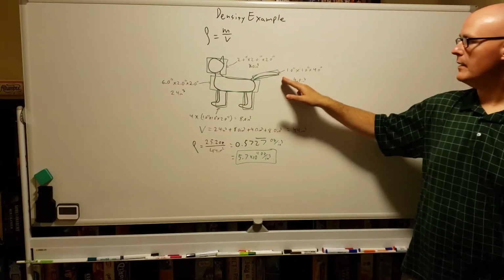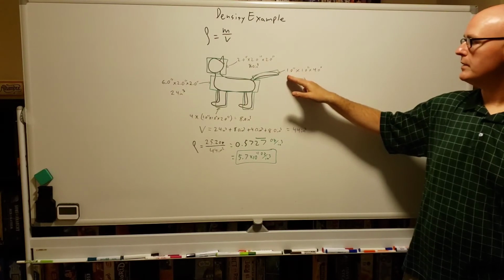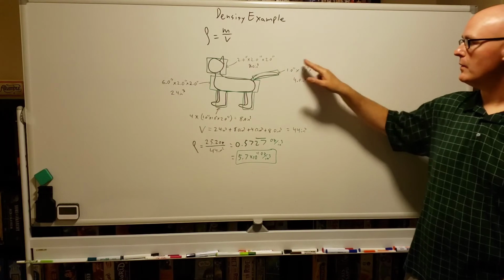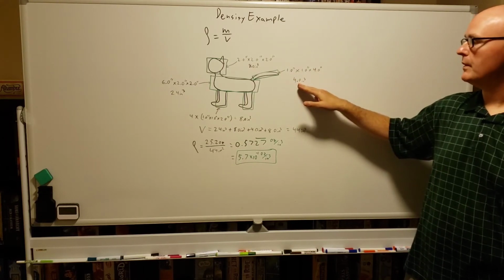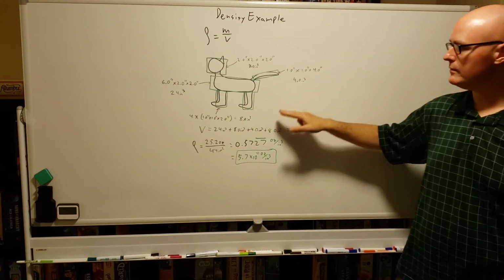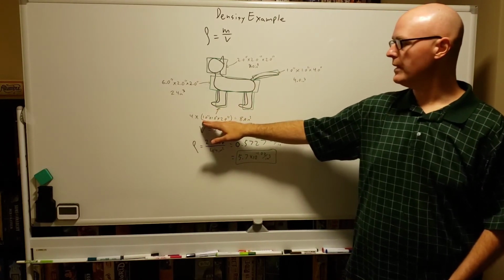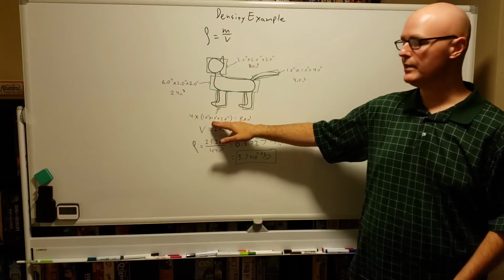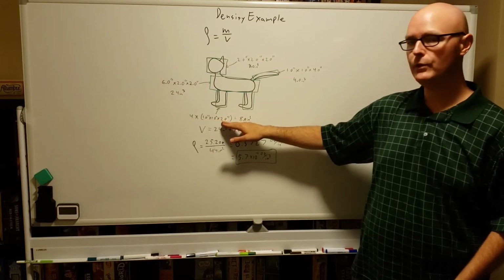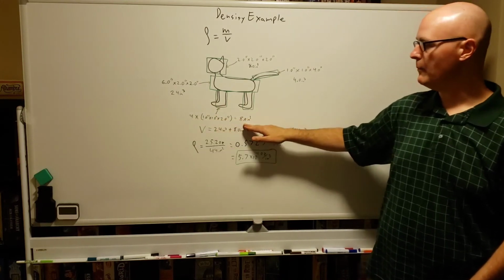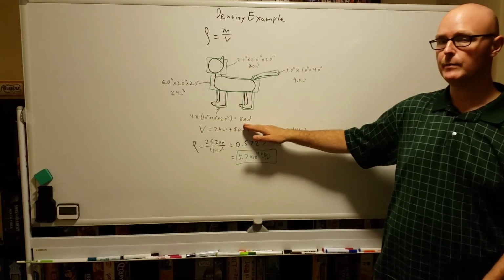The tail, I'm saying 1.0 inches times 1.0 inches times 4.0 inches, or 4.0 cubic inches. And each foot, I'm saying, is 1.0 inches times 1.0 inches times 2 inches. There's 4 of them, so that's why I got 4 here. And I end up with 8.0 cubic inches.